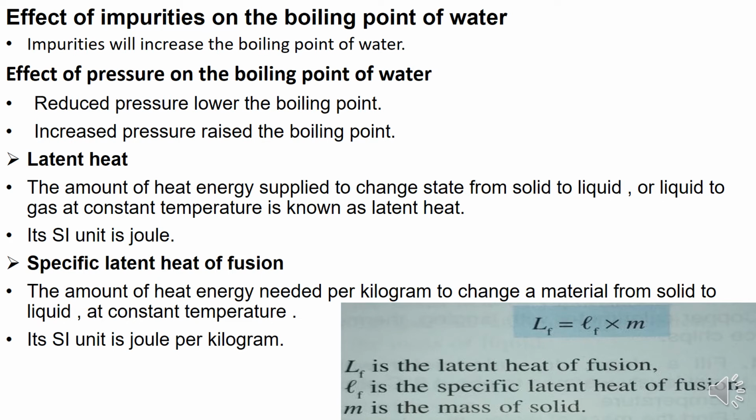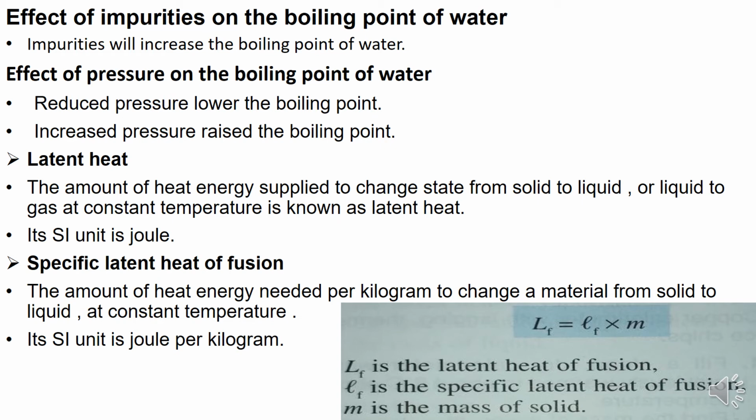In the latent heat of fusion case, the change is from solid to liquid. In the latent heat of vaporization case, the change is from liquid to gas only. In both cases the unit is joule only. Next topic is specific latent heat of fusion. You already know the difference between latent heat of fusion and specific latent heat of fusion.